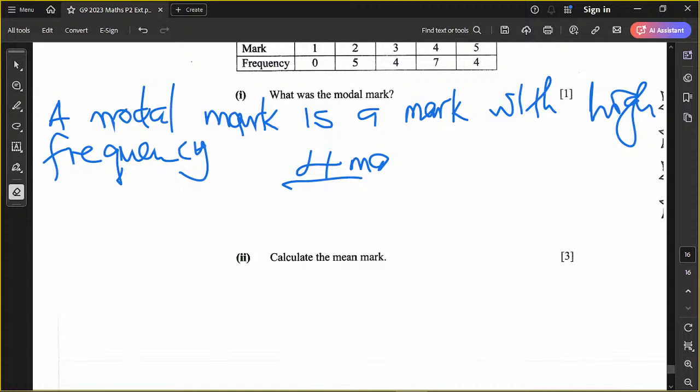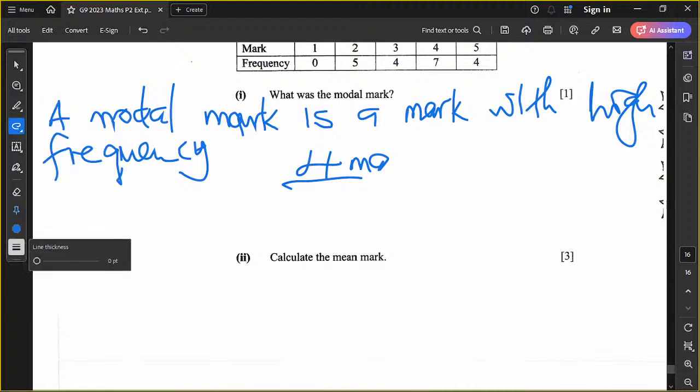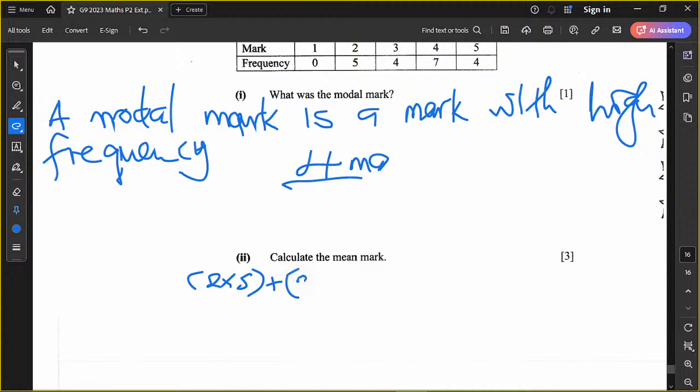We start with 2. Children who got 2 marks were 5. So we open bracket 2 by 5, the whole of that, plus children who got 3 marks were 4. We say 3 by 4, plus children who got 4 marks were 7, so we open bracket, we say 4 times 7.